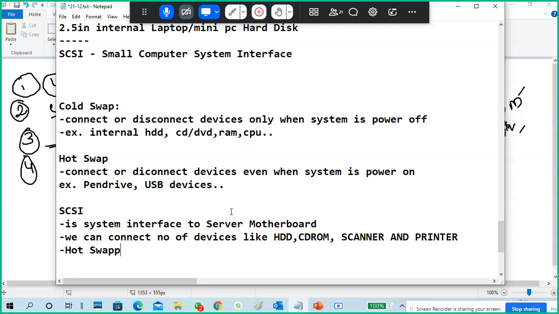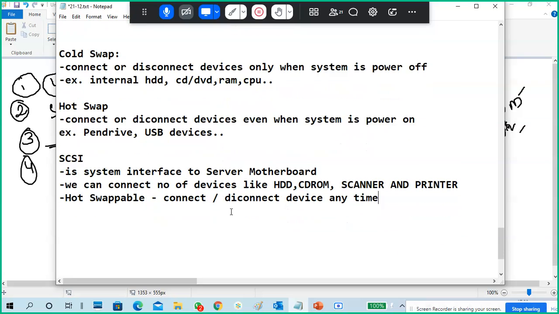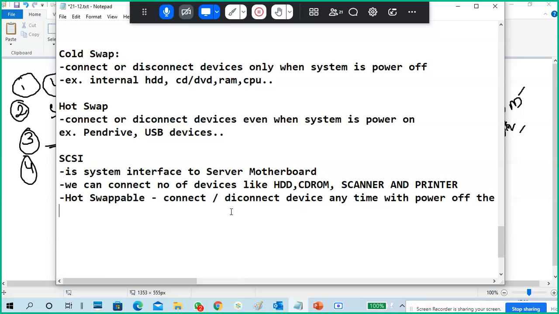Hot swappable means we can connect or disconnect a device anytime, without powering off the server, for server purposes only.